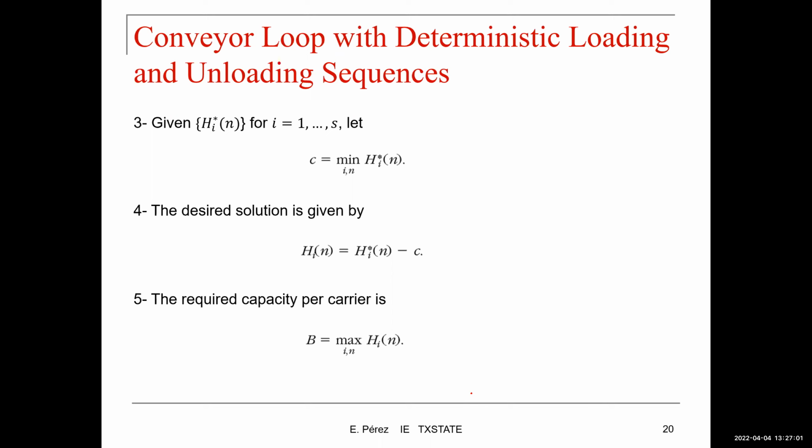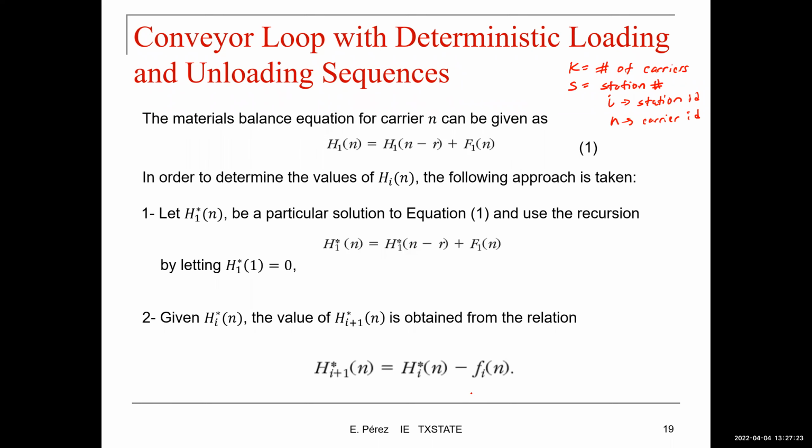I'm going to find the minimum, and I'm going to name that minimum C. But before we get into C, I'm skipping one step here. We found the values for H1 star. That's for the first station. I cannot go and compute C yet because I have to find the H values also for the next station.